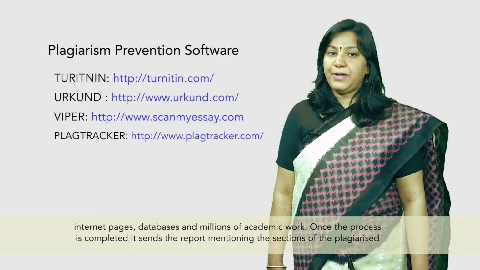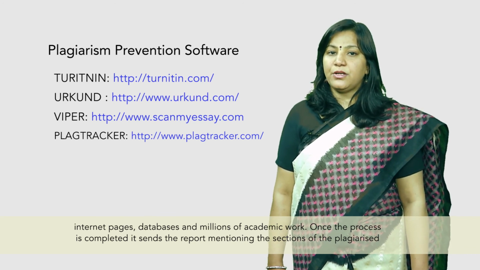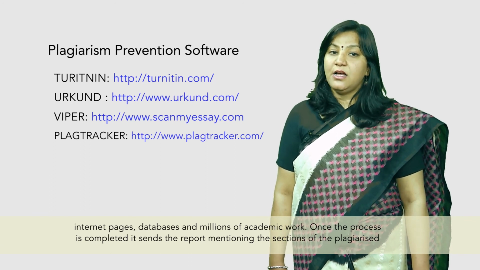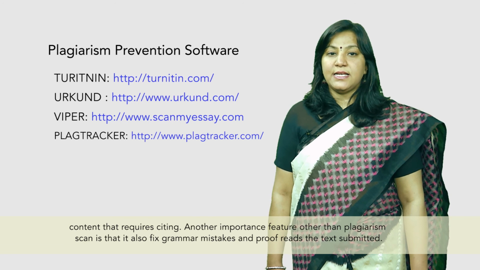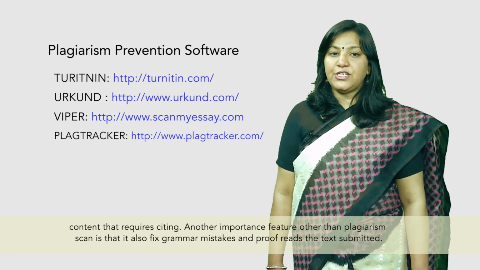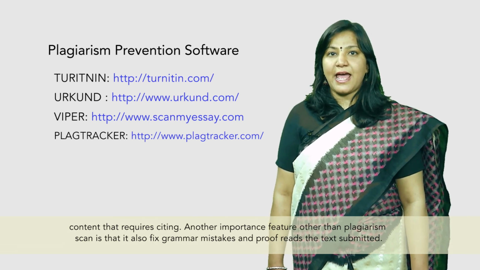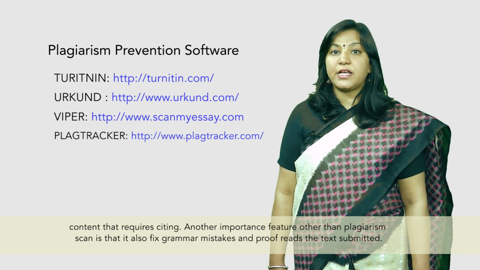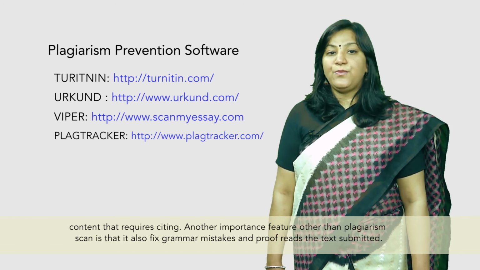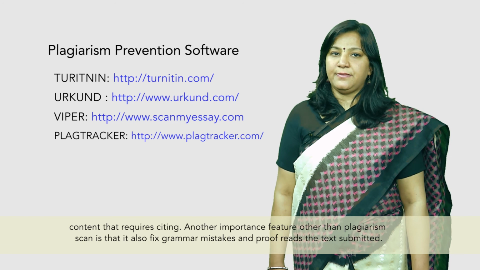Once the process is completed, it sends the report mentioning the sections of the plagiarized content that require citing. Another important feature other than plagiarism scan is that it also fixes grammar mistakes and proofreads the text submitted.